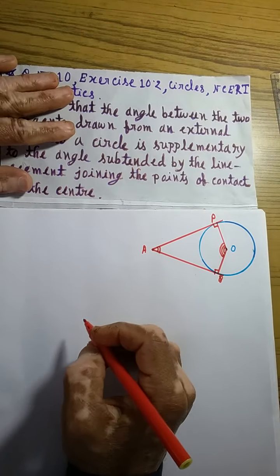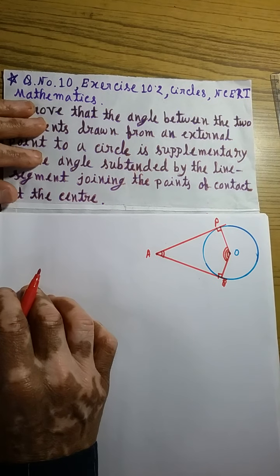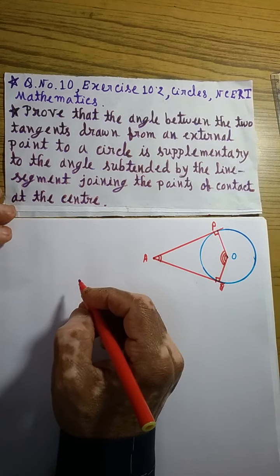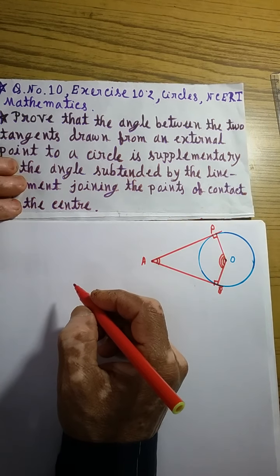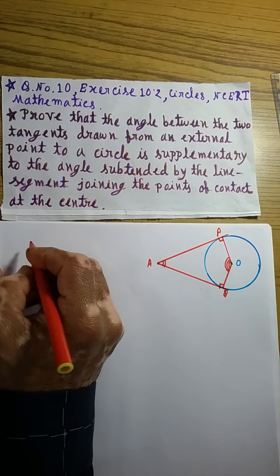So let us discuss and write at the same time. So to do this sum, let us proceed in this way. Write in this way.